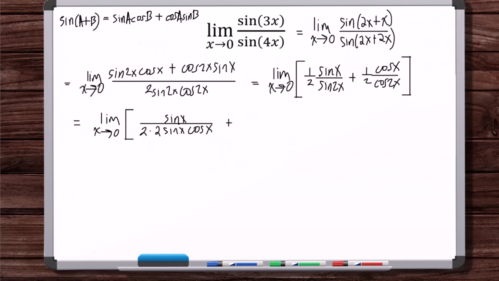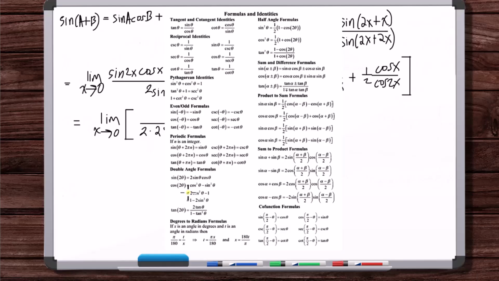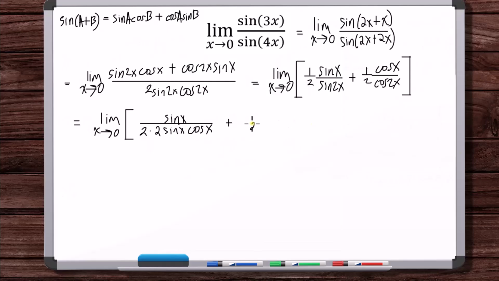Okay, now let's apply the double angle formula for cosine. Specifically, cosine of 2 theta is 2 cosine squared theta minus 1. So 2 times 2 cosine squared of x minus 1.